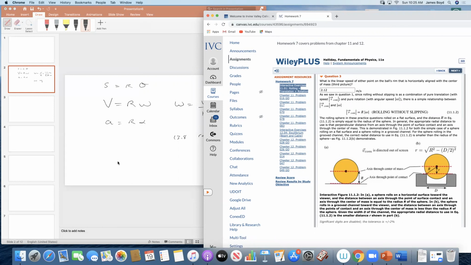And what we're demonstrating here is that for a point on the edge, we need to find the actual true v.